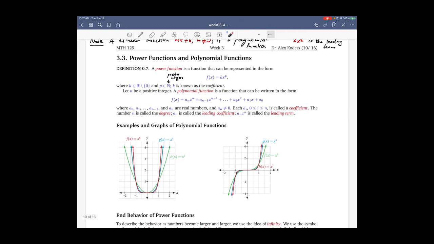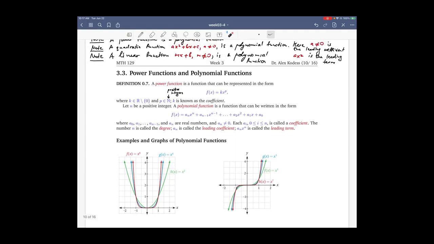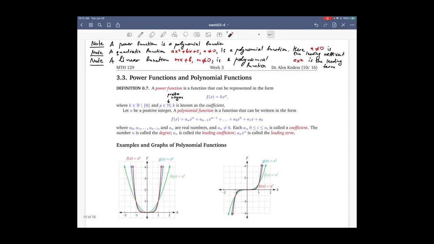This number n here is called the degree of the polynomial. So the quadratic function is a polynomial of degree 2, and a linear function is a polynomial of degree 1, provided, of course, that m, which is slope, is not zero.